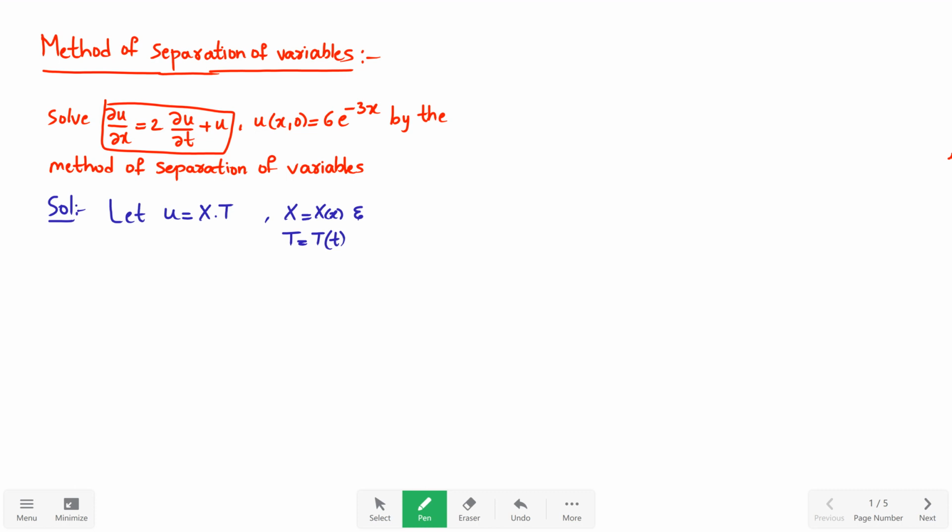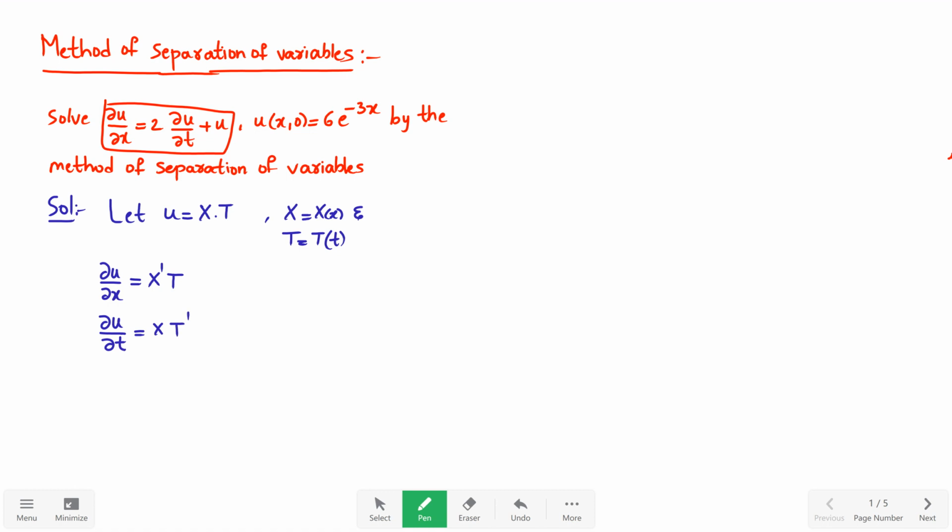Then we have to find the partial derivatives involved in this differential equation. In the differential equation we have the derivatives ∂u/∂x and ∂u/∂t. ∂u/∂x = X' T. Similarly we find ∂u/∂t, that is, we partially differentiate u with respect to t, which gives X T'.